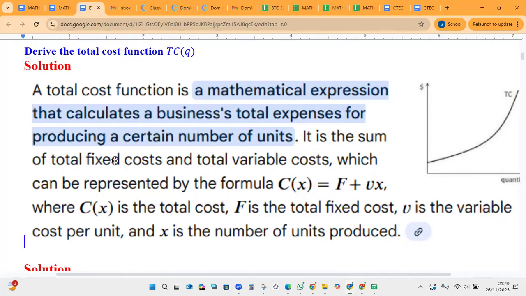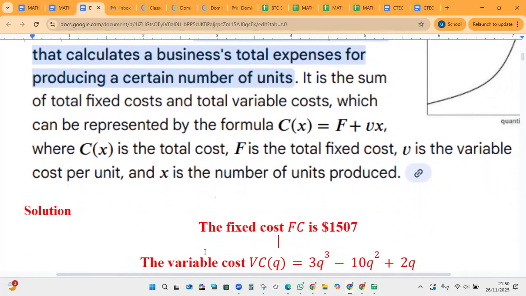It can be represented by the formula: cost on a whole, or total cost, is equal to the fixed cost plus the variable cost, where C of X is the total cost, F is the total fixed cost, V is the variable cost per unit, and X is the number of units produced. So the number of units produced in our example is Q.